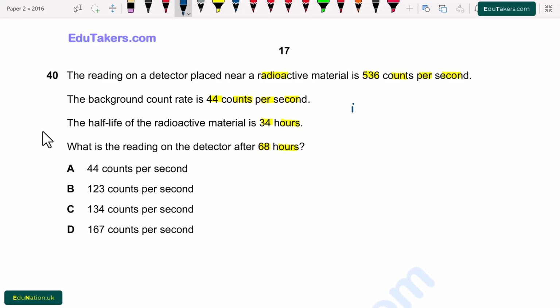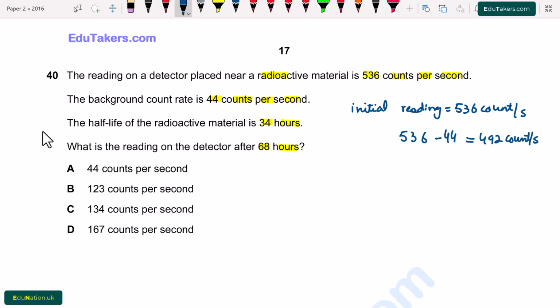I write here initial reading. This is equal to 536 counts per second. And the initial reading without background count rate will be 536 minus 44, which will be equal to 492 counts per second.